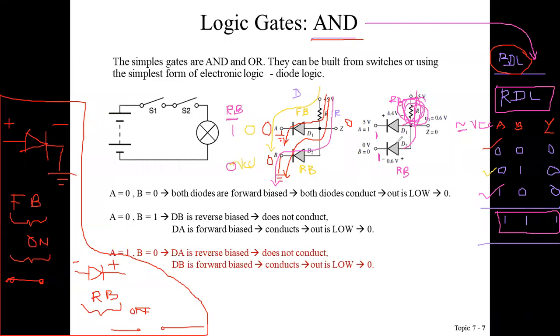Like this, you can explain the same thing by using diode transistor logic, or resistor transistor logic, or emitter coupled logic, any other thing you can explain, no problem. Okay. So any doubt in this regard?